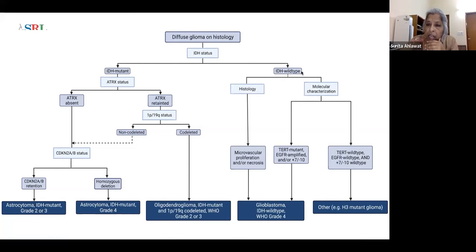So if it is IDH wild type, we will look at the histology in the first go itself. When you see microvascular proliferation and or necrosis, it becomes a GBM or glioblastoma IDH wild type WHO grade 4.